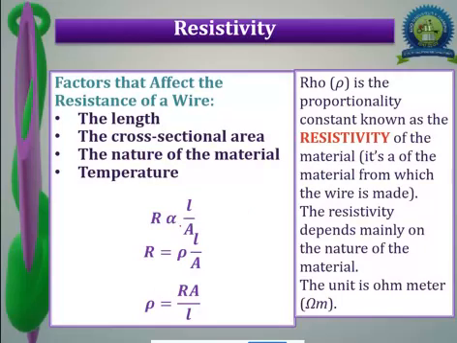And as you can see from this equation down, the resistance of a wire is directly proportional to the length of the wire. So if the wire becomes longer, then you will have more opposition to the flow of current there.